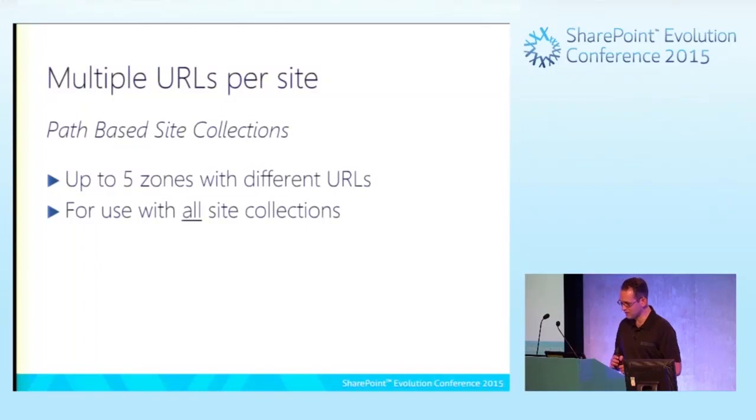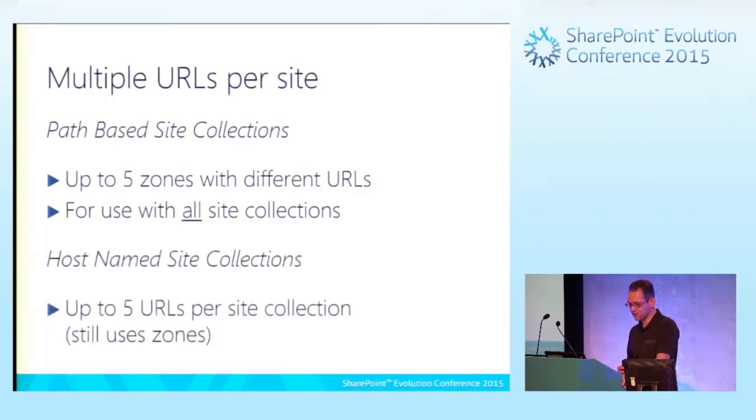Okay, now, if you want to have multiple URLs per site, for example, for publishing purposes, and by publishing I mean reverse proxies, publishing to the internet, traditionally you can have up to 5 different URLs because we have 5 different zones. You can use them, but the disadvantage is that it's valid for all site collections. So if you had one web application with 5 URLs, all your site collections would be reachable through these 5 base URLs.